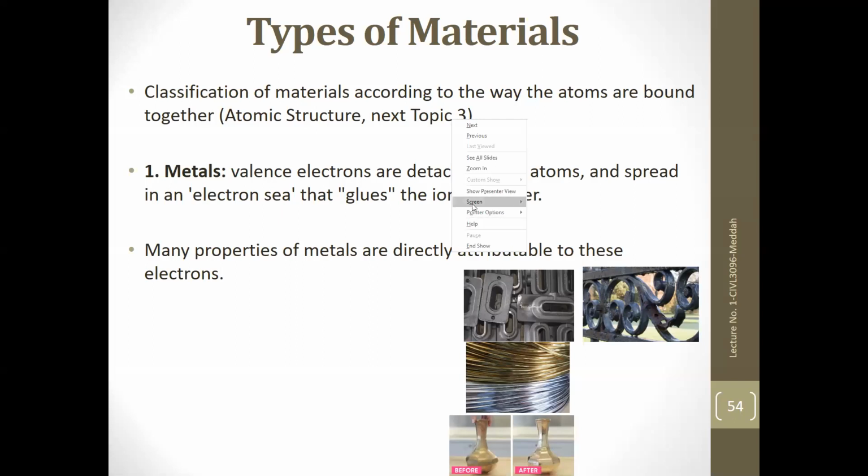We continue today with this new recording on the types of materials. Last time we just listed the 5 major types of materials: metals, ceramics, polymers, composites, and semiconductors.